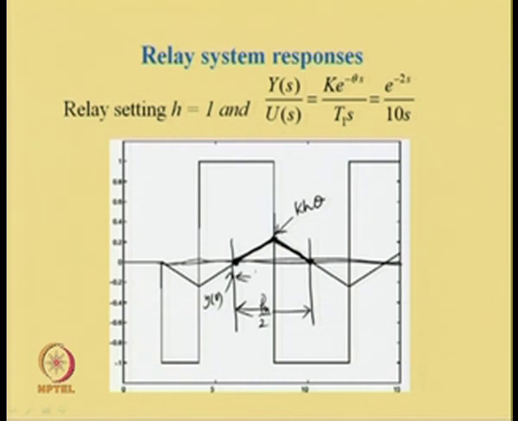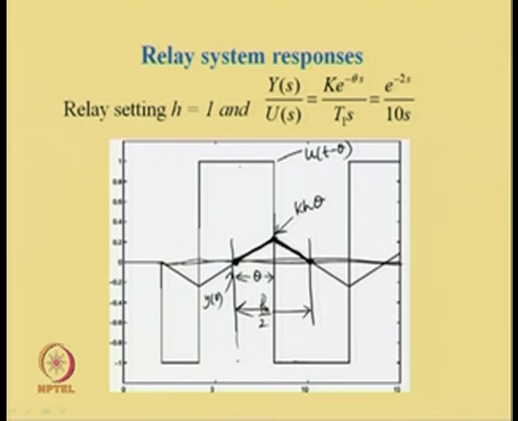Theta spans from here to here, and during that I see what is the input. This is the input to the system. The rectangular pulses show the input u(t minus theta). Keep in mind it is not u(t). Had it been u(t), then at that time the relay input would have been like this. When the output is positive, during that the input has to be positive for the whole duration of the positive output.